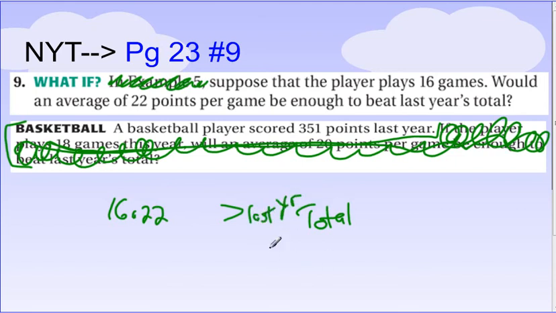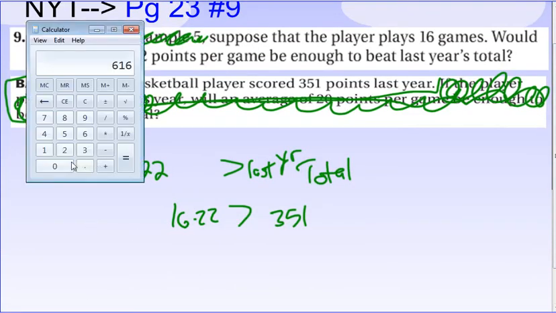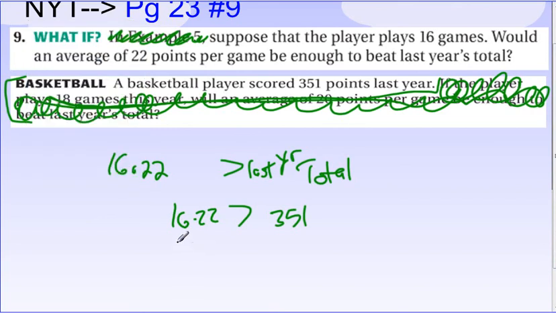Well, last year's total was 351. Is this 16 times 22 bigger than 351? Well, I don't know. 16 times 22 equals 352. So is 352 bigger than 351? Yes. So is this total going to be bigger than last year's total? Yes, it will.